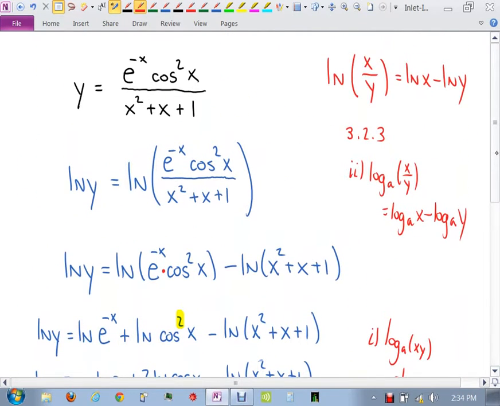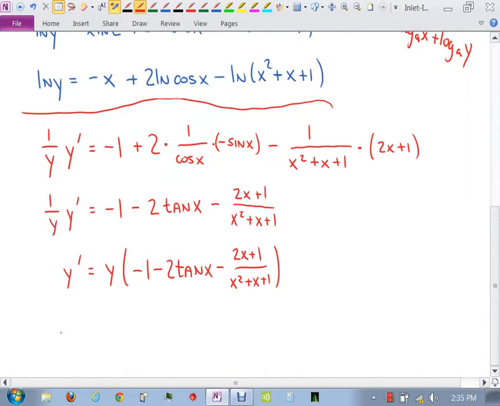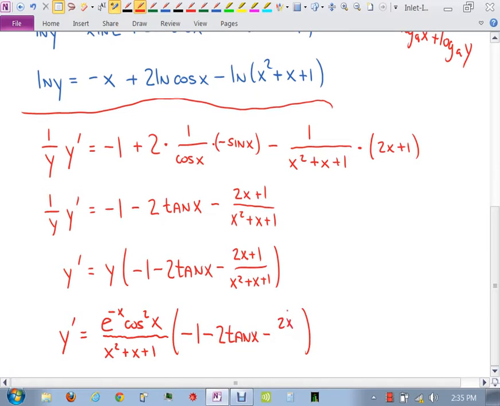So I could come down here as my final answer, y prime equals e to the negative x cosine squared x over x squared plus x plus 1. That's y, right? Times, in parentheses, negative 1 minus 2 tangent x minus 2x plus 1 over x squared plus x plus 1.